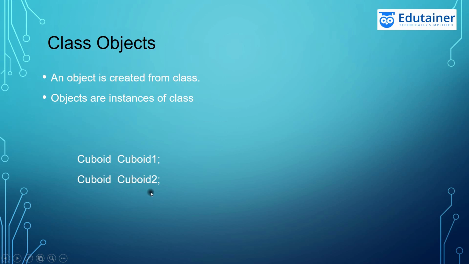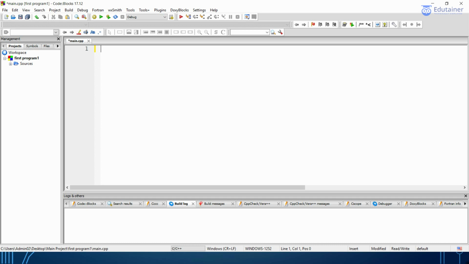We have cuboid, which is the class name, and then we define the object, that is cuboid1. So this is the first cuboid, and then we define the second cuboid, that is cuboid2. So the same class has two different cuboids, cuboid1 and cuboid2. Now we will move to Code::Blocks to do some practical, so that I can show you how to create a class and the objects. So let's start with the coding.